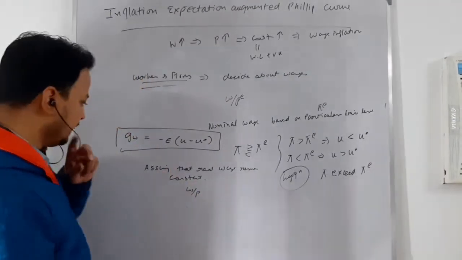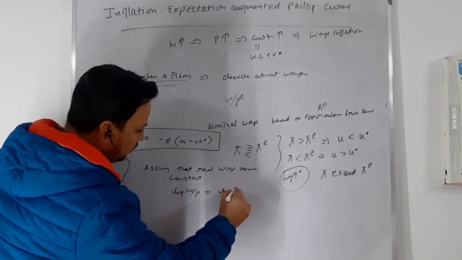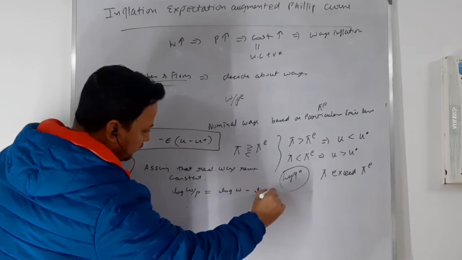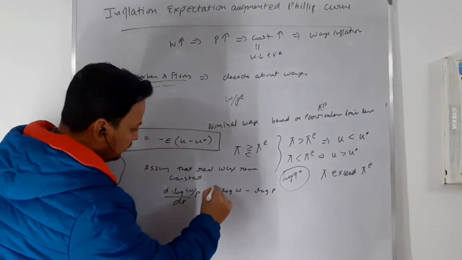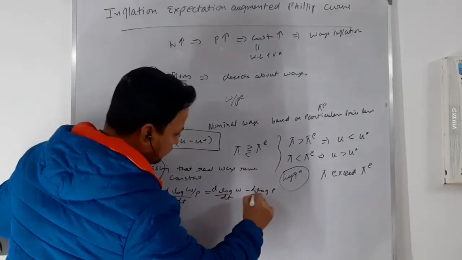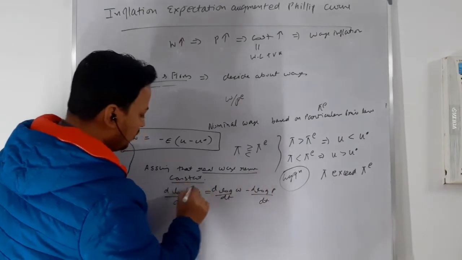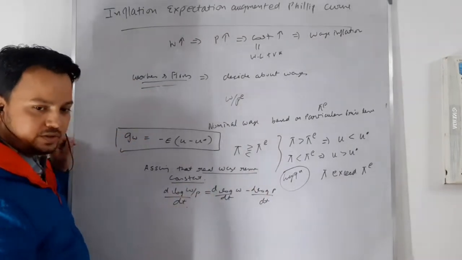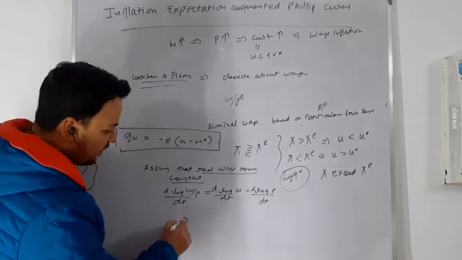Let me show you. Take the log of this one, so this will be d over dt of log W minus log P. What we have assumed is that the real wage remains constant, that means the W by P ratio will remain constant, so over time the real wage is not changing, so this one will be 0.